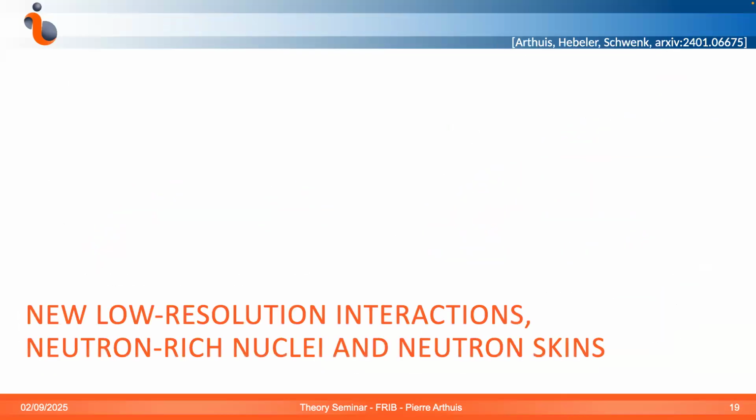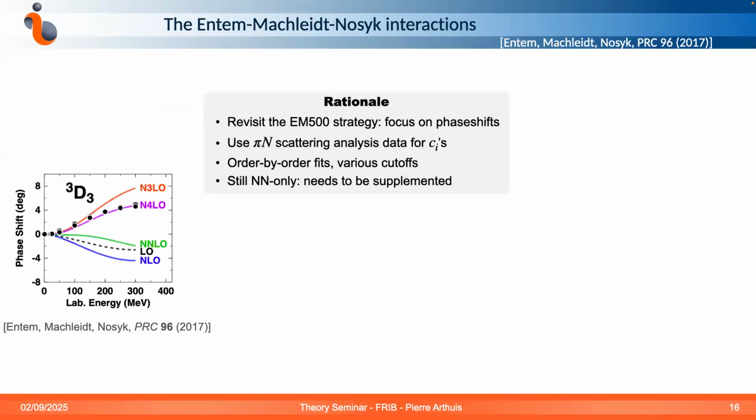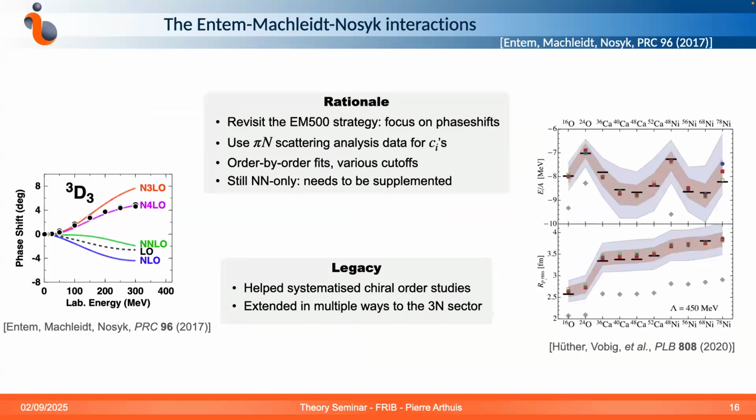And this is actually to some extent visible in the paper of Thomas Hüther and collaborators, where they did things differently. In their case, it's consistent SRG evolution of the EMN interactions, but they fit to oxygen-16, and they play this game at different values of cutoffs.